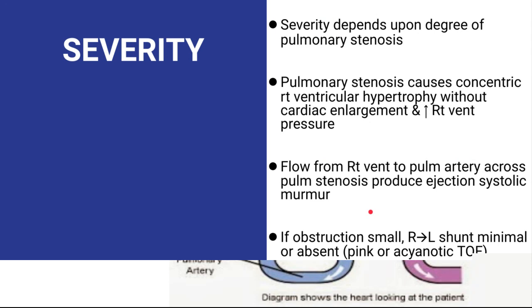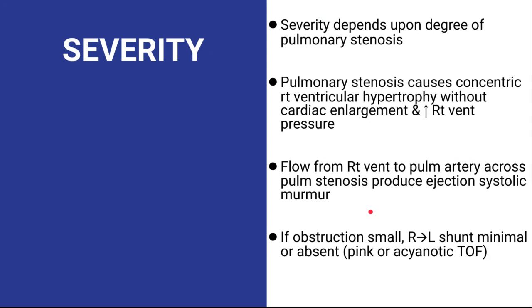So severity of the TOF depends on the degree of pulmonary stenosis, and this pulmonary stenosis leads to concentric right ventricular hypertrophy without cardiac enlargement and without any increase in right ventricular pressure.